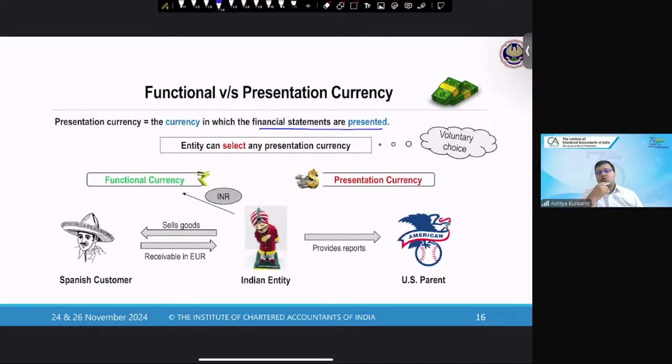You go to US. The price of Coke could be $10 for, let us assume, a 750 ml bottle. Okay. Here, the price of the same beverage is 40 rupees or 50 rupees. Think and answer. What will be your functional currency for Hindustan Coca-Cola beverages?